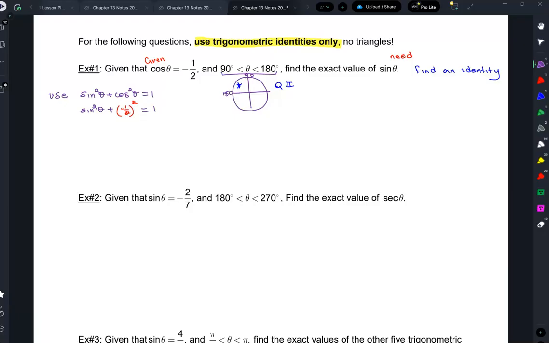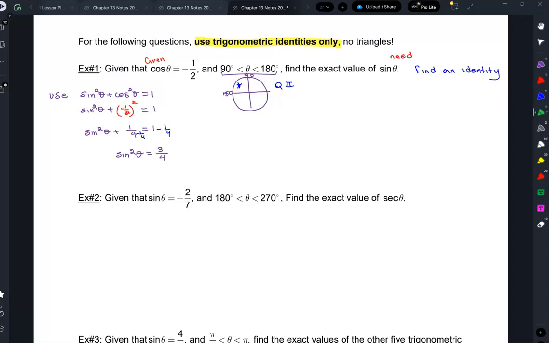Right. We plugged it in. So now sine squared theta plus 1/4 is 1. Minus 1/4 minus 1/4. Sine squared theta is 3/4.